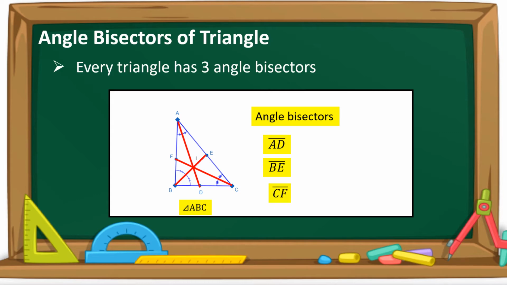Point I is the point of intersection of the three angle bisectors, and it is called the incenter. The incenter is always at the center of a triangle.